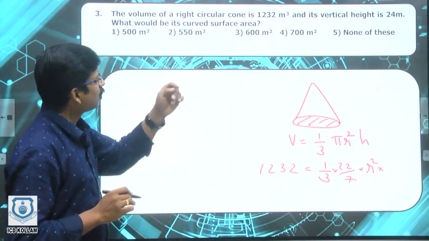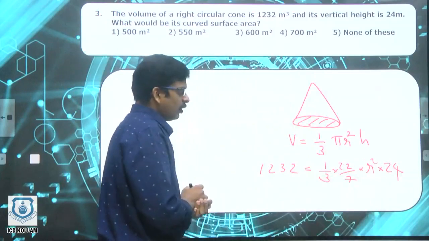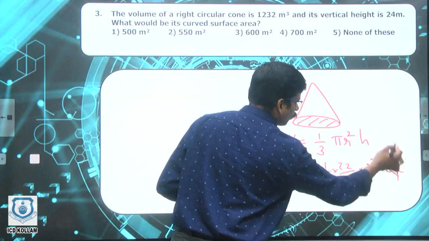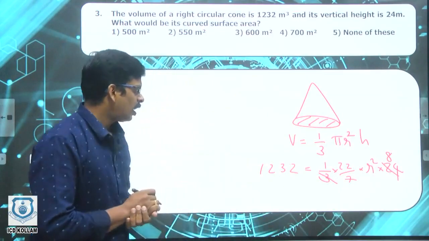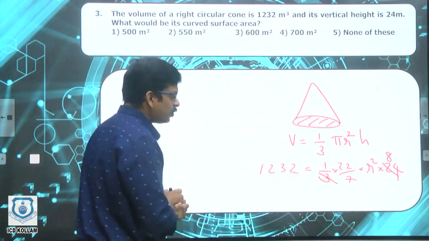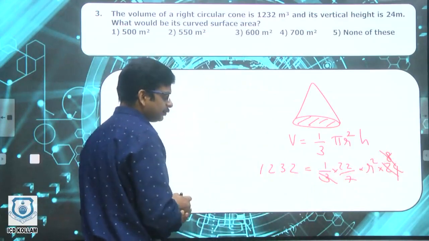Here h is 24 meter. You can simply cancel this 3 with this 24, we get 8 here. Now you need to divide it by 8.